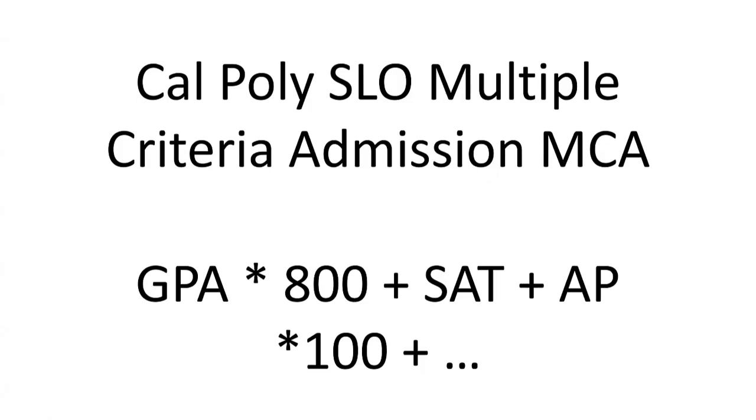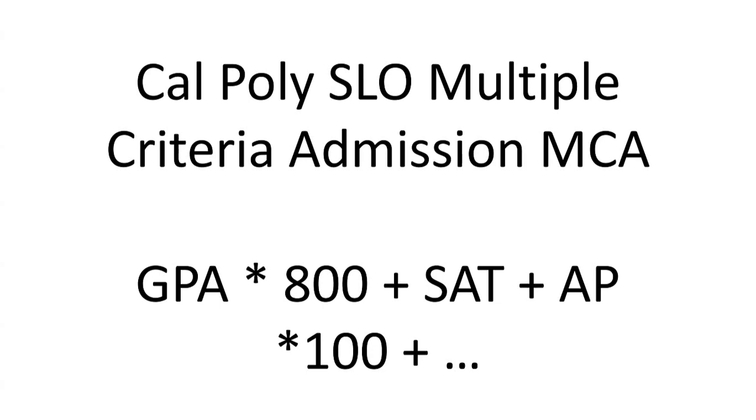Starting from San Jose State University, the next one is Cal Poly San Luis Obispo. They use a different standard called multiple criteria admission, the MCA formula. This formula uses 4 major categories: the GPA, the SAT, the extracurriculars, and the course strengths.